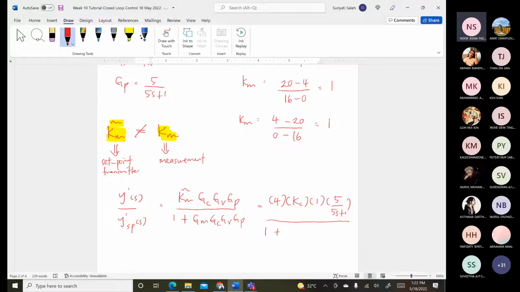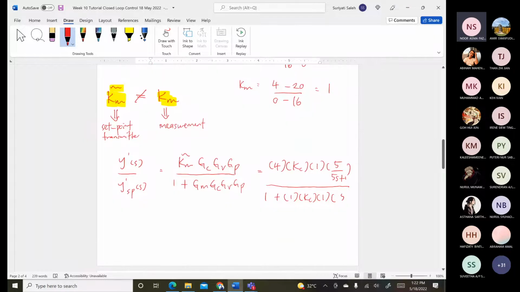So equal to 1, the GC, KC, the GV 1 and the GP is 5 over 5S plus 1. So you have substituted all of the transfer function inside the set point changes transfer function.